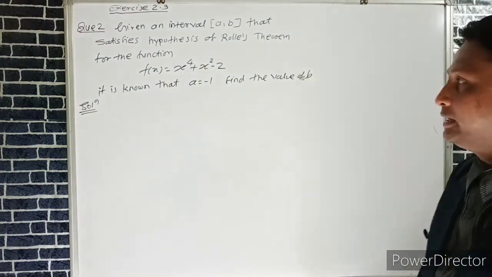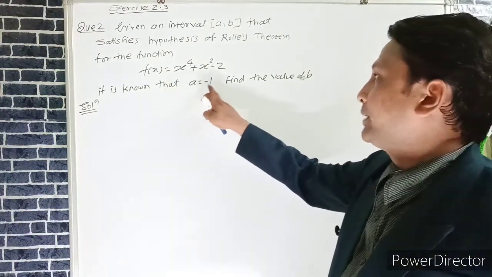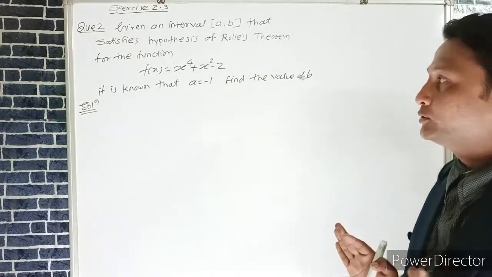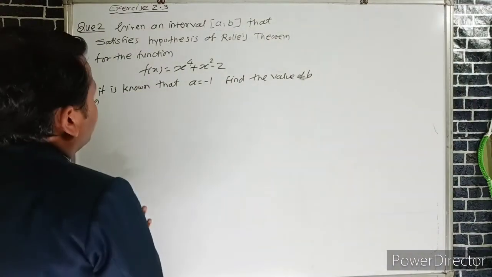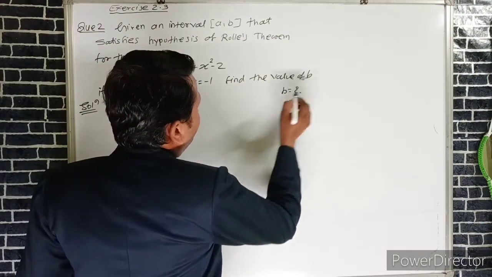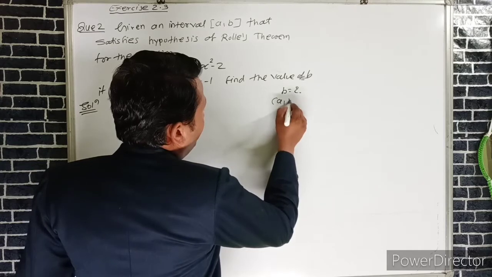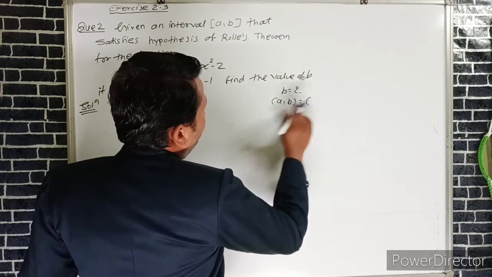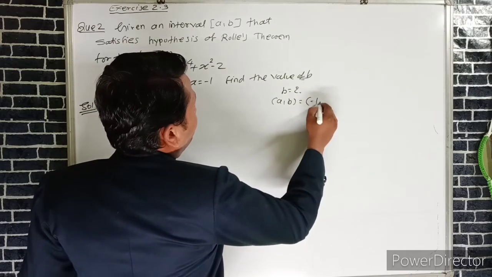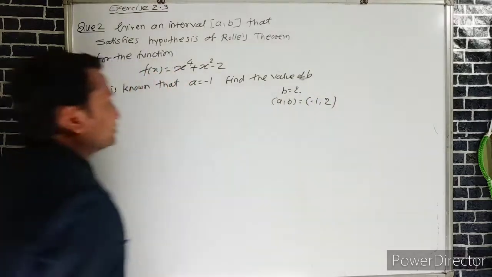And it is given that the value of a is minus 1. Here we have to find the value of b. Then a comma b is equal to, when the value of a is minus 1, what is the value of b?